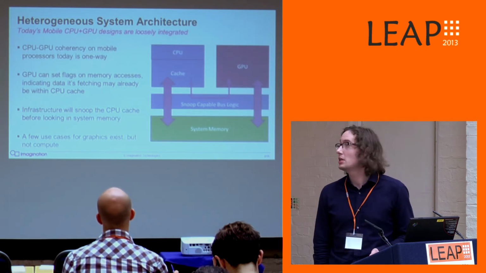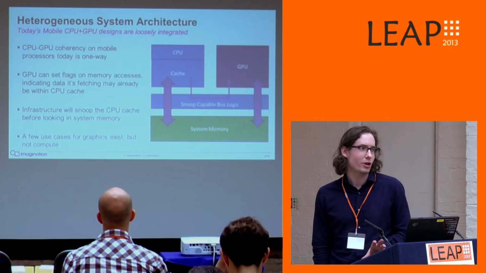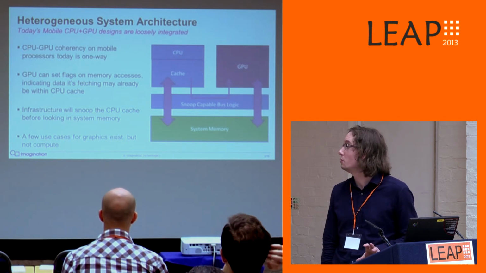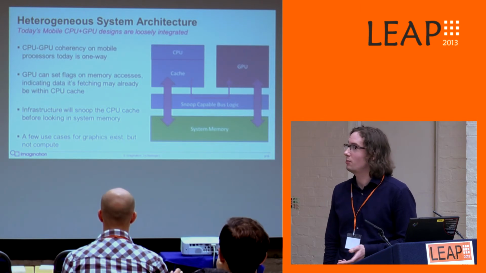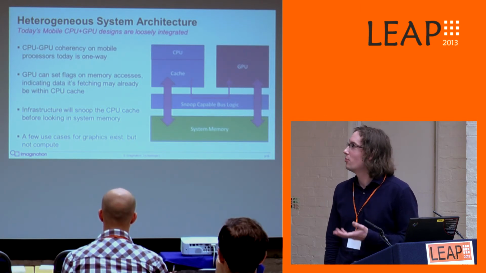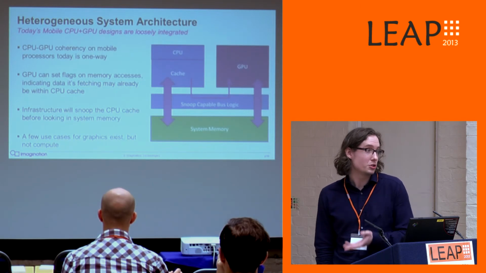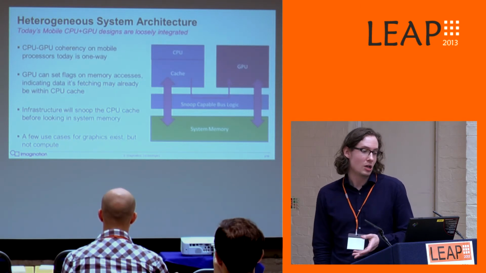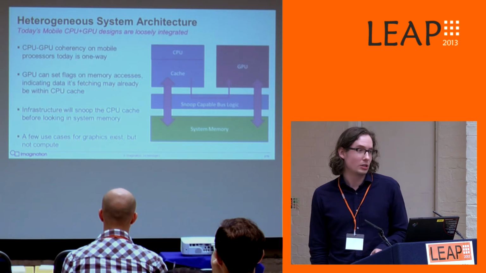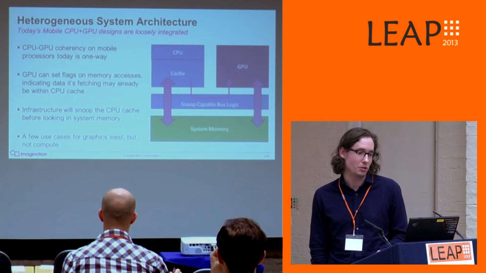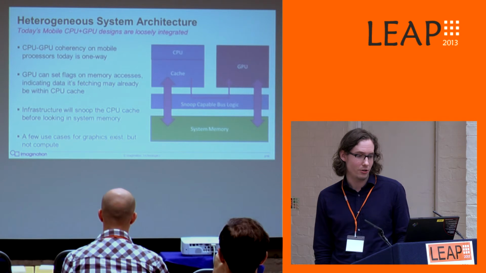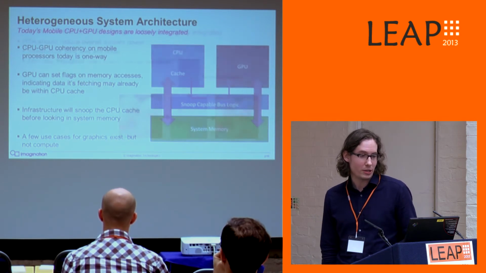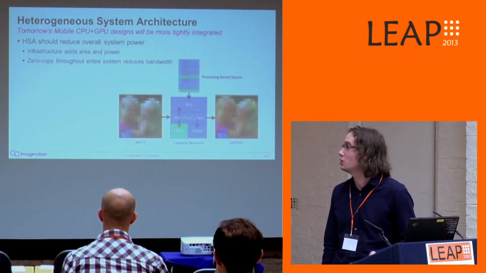In terms of coherency, what we have today isn't full HSA. We do have some level of coherency between the CPU and the GPU. It's one way: the GPU can set some flags on memory accesses that allows sometimes not having to go to system memory, which is potentially a power save. On the other hand, that doesn't fit some of our use cases particularly well today, particularly where you're taking data straight from the camera into the GPU. So there are a few interesting use cases around what we have today for coherency. But really, it's the kind of evolution that we're on to HSA.